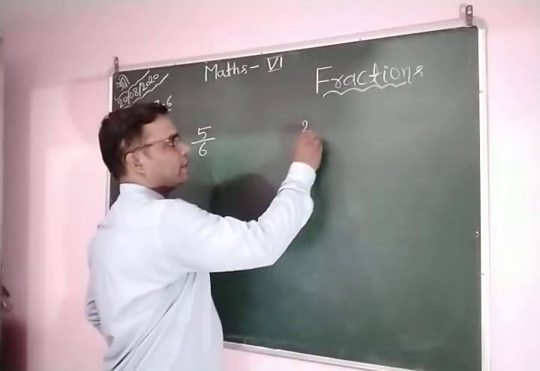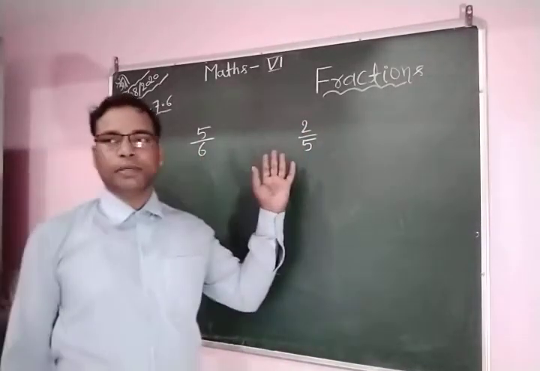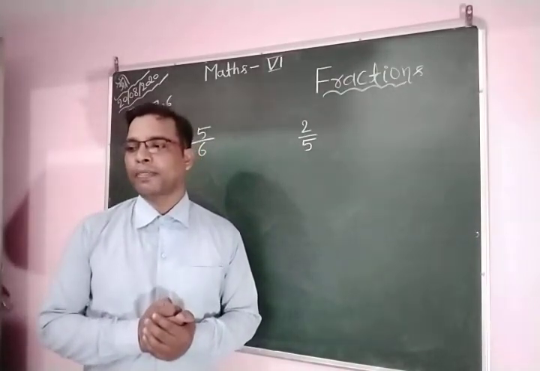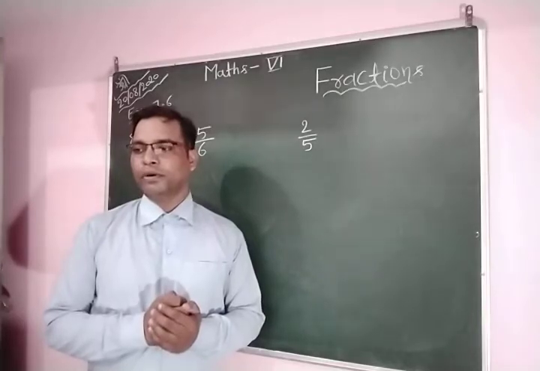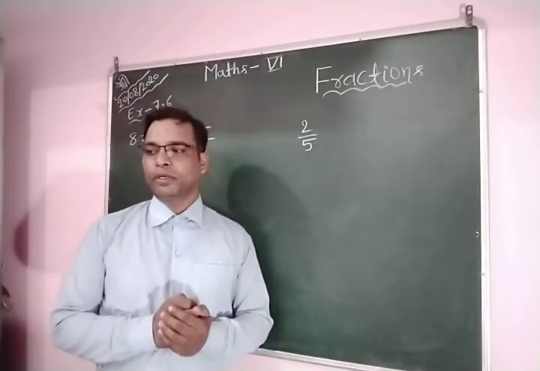Okay, 2 by 5th part. This is Asha's shelf full. This is Samuel's shelf full. We need to find whose bookshelf is more covered.